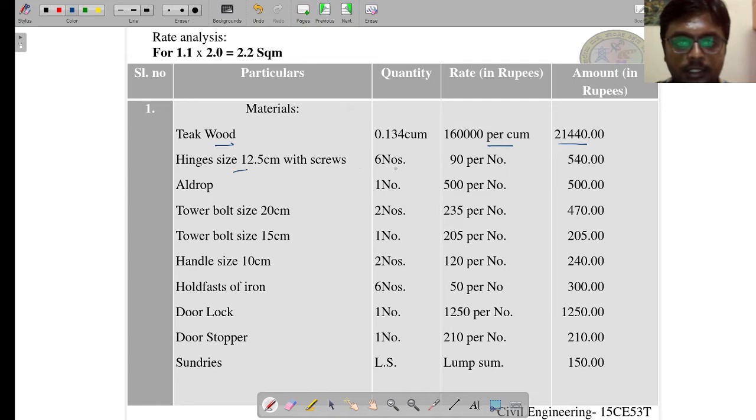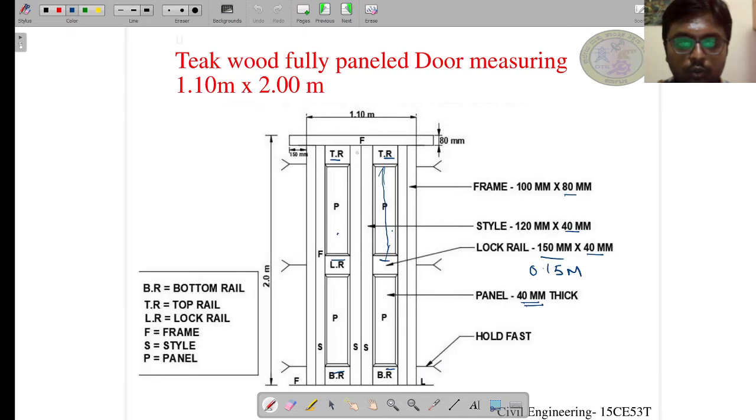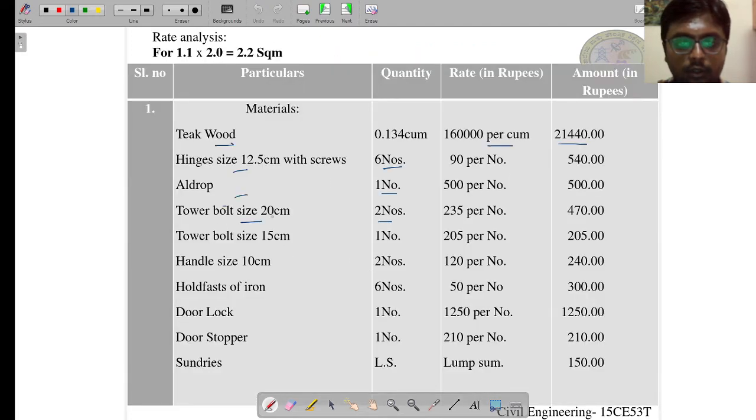So hinges, we need 6 numbers, L drop 1 number, tower bolt 2 numbers. So tower bolt we need 2 for the upper part here and 1 for the lower part here, and thus there are 2 different sizes of tower bolt, and handle to open the doors, and hold fast, as we know hold fast is used to secure the frame to the masonry, and door lock, door stopper.